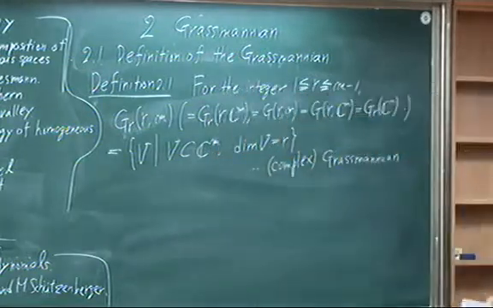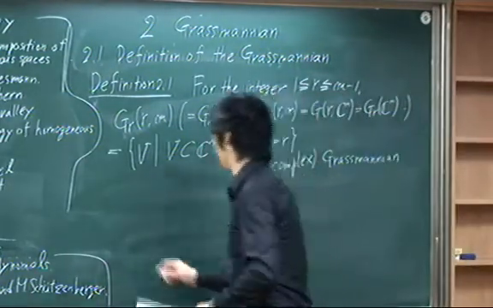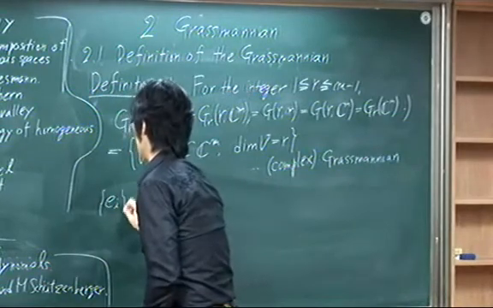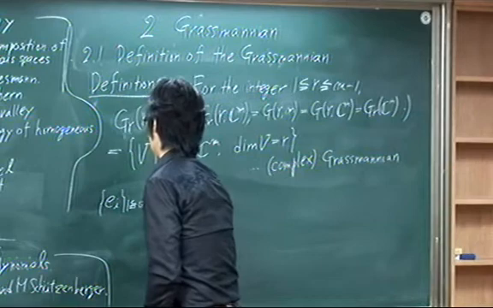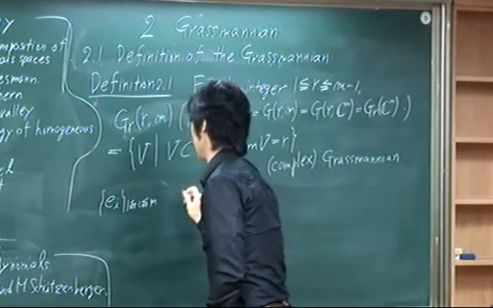The complex Grassmannian has a lot of presentations. For example, another presentation. Let e_i be a standard basis.